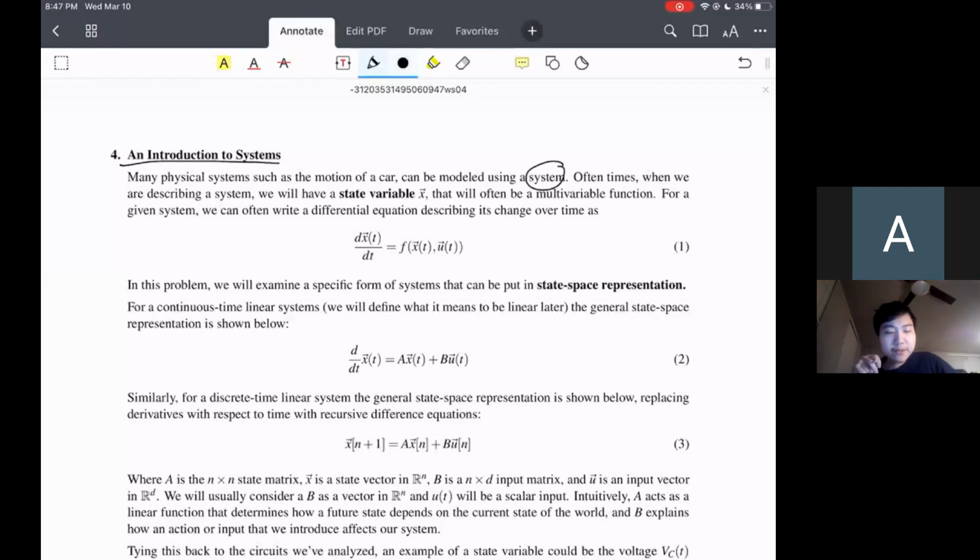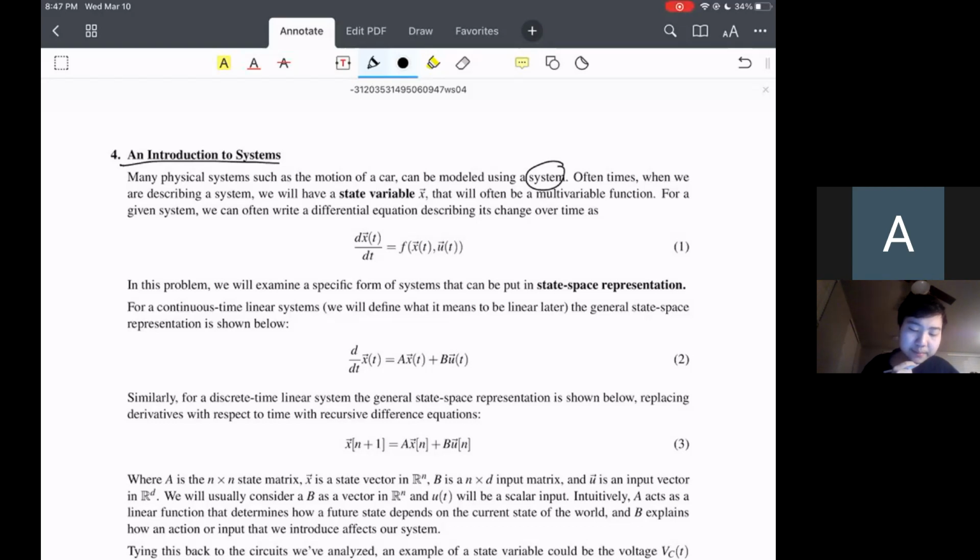Now for a given system, we can often write a differential equation describing its change over time as dx of t over dt being equal to f of x of t, u of t. In this problem, we will examine a specific form of systems that can be put in state space representation.